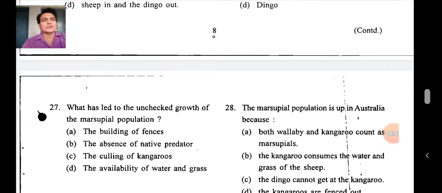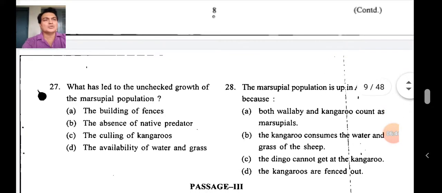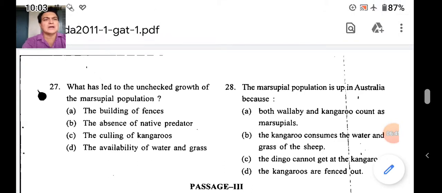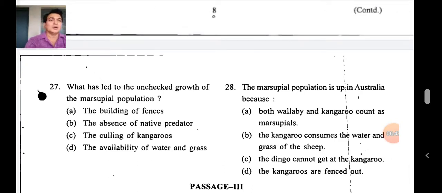Now let's go to question number 28. The marsupial population is up in Australia because: both wallaby and kangaroo count as marsupials; the kangaroo consumes the water and grass of the sheep; the dingo cannot get at the kangaroo; the kangaroos are fenced out.